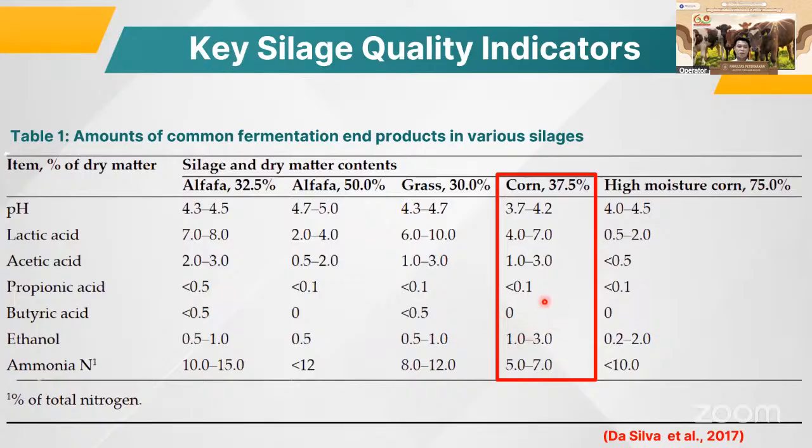High butyric acid might reduce the quality of silage, as does ammonia nitrogen. This indicator can determine the quality, because the crude protein content might be broken down into ammonia. So actually, ammonia nitrogen should be lower than 10, as mentioned in this table.